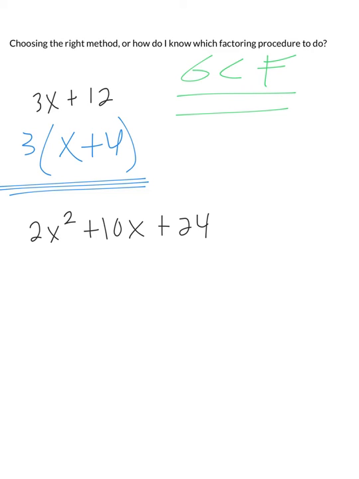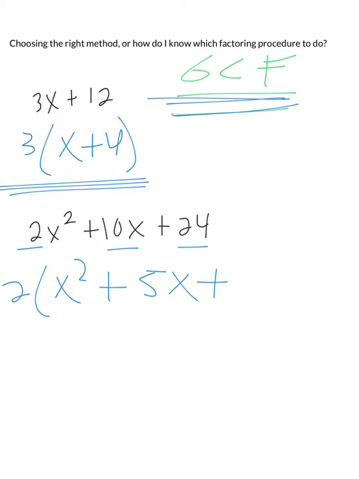You've got to start out slowly with these types of problems before we build into the other ones. 2x squared plus 10x plus 24. Again, GCF. Do we have one? Yes. Take the 2 out. X squared plus 5x plus 12.